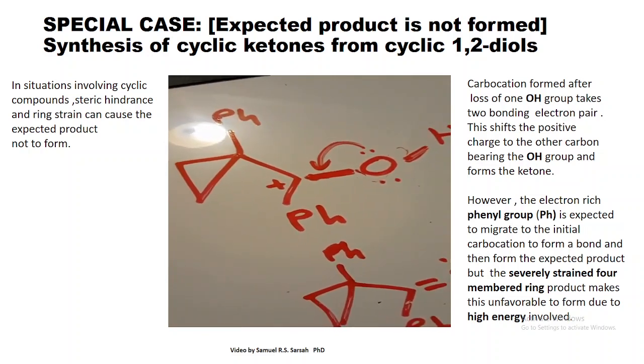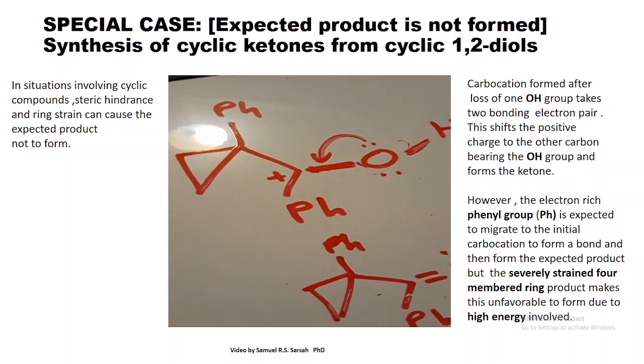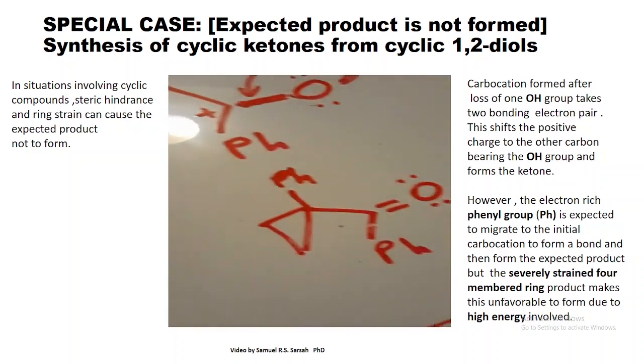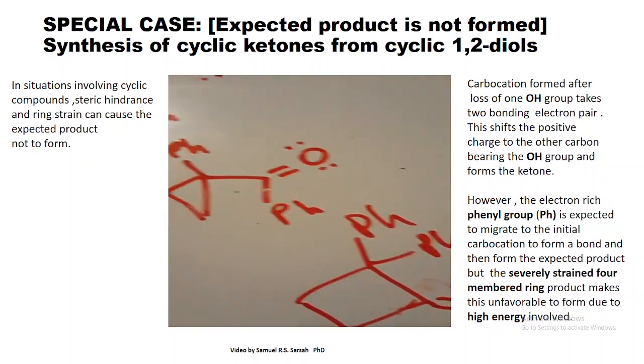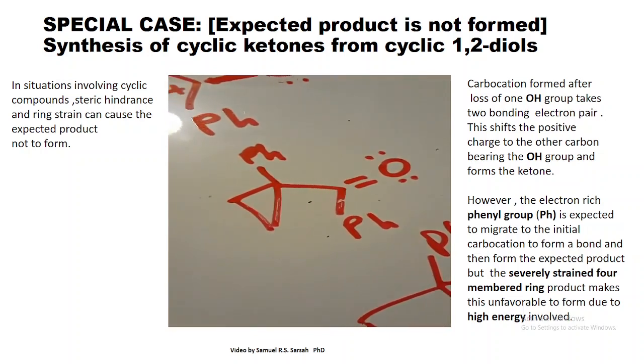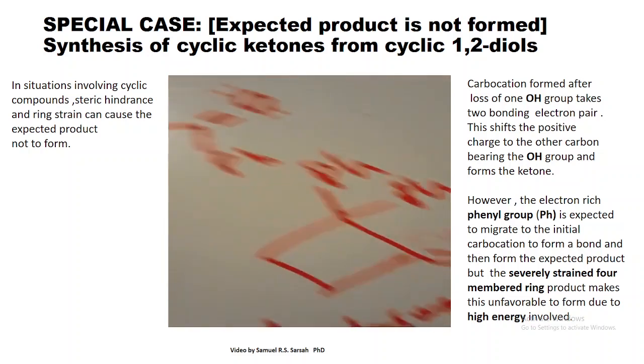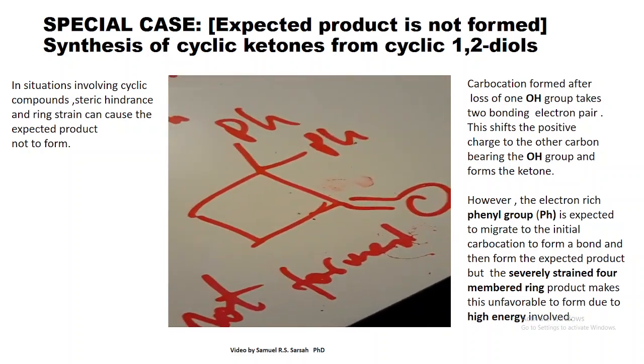This is neutralized by movement of electrons from the oxygen to form our compound that looks like this 3-membered ring, and this expected product is not formed.